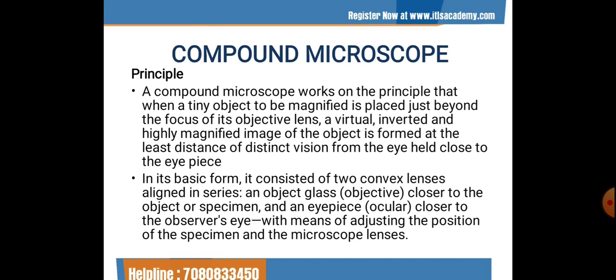In its basic form, it consists of two convex lenses aligned in series: an object glass closer to the object or specimen, and next an eyepiece or ocular closer to the observer's eye, with means of adjusting the position of the specimen and the microscope lenses.